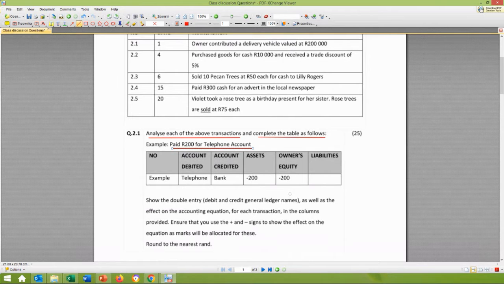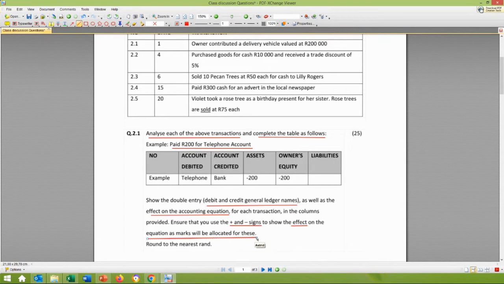Now let's quickly read what the additional information also says. Show the double entry debit and credit general ledger names, as well as the effect on the accounting equation. Ensure that you use a plus and a minus sign to show the effect on the equation, as marks will be allocated for these.